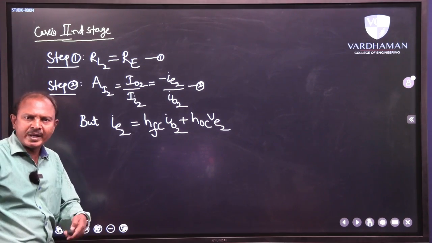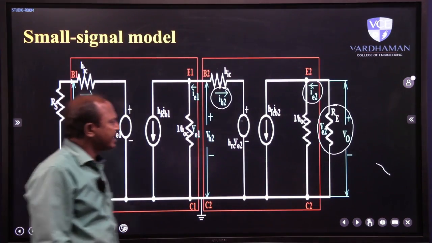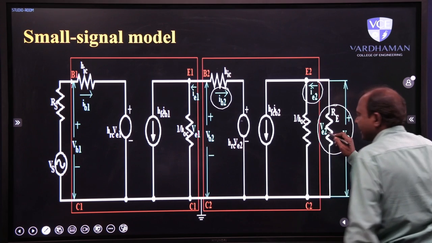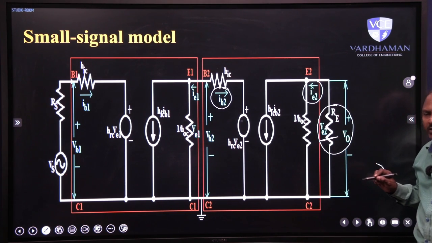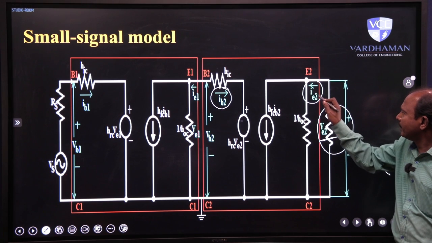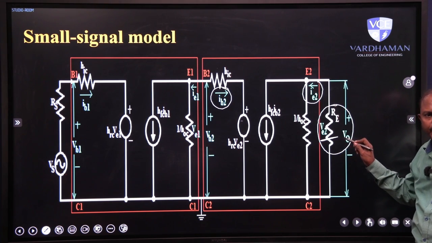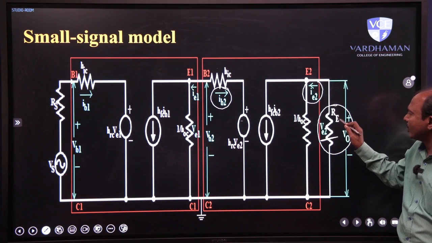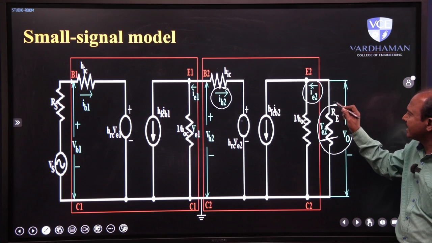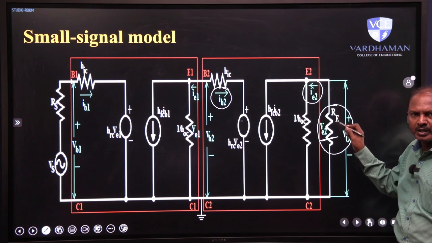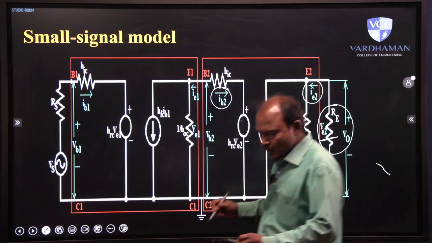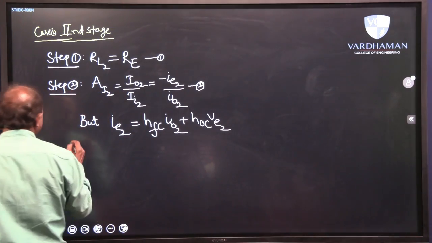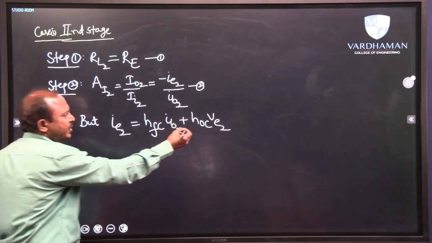Then if you go back to the amplifier circuit, look at the output section of the amplifier here. We can write VE2 equals minus IE2 into RE. VE2 is nothing but the voltage across RE, and the current into RE is minus IE2, so minus IE2 into RE is VE2. So substitute that value of VE2 in this equation.